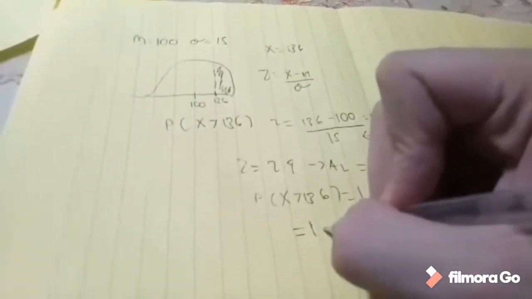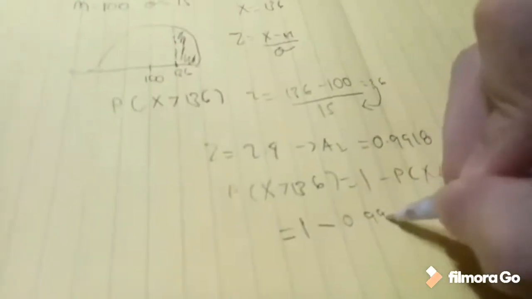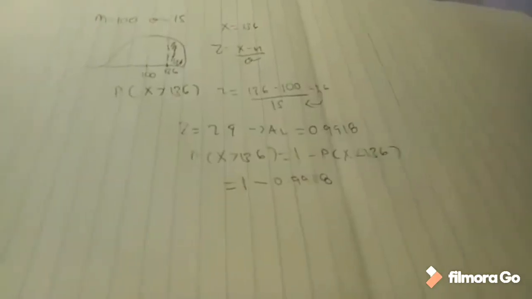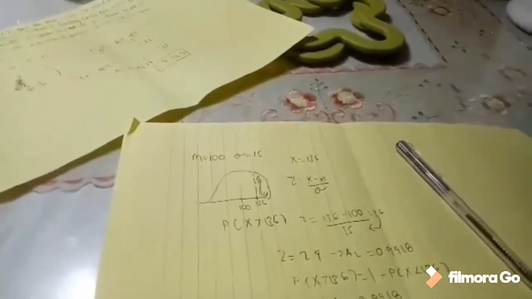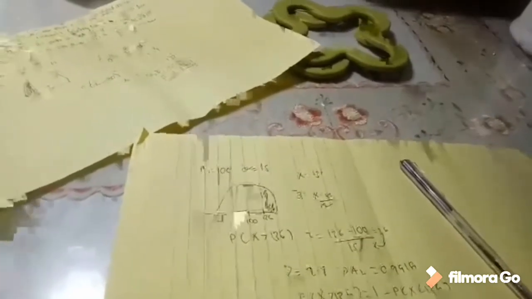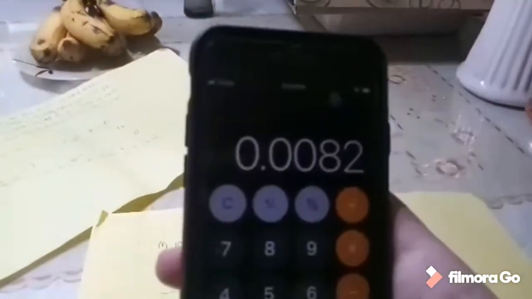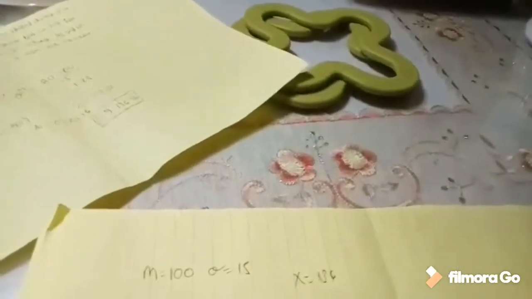So what we're going to do here is 1 minus 0.9918. The answer to that, let's see on the calculator, is 0.008.